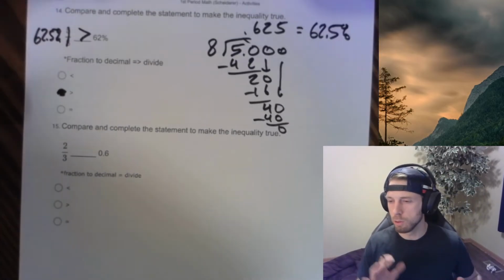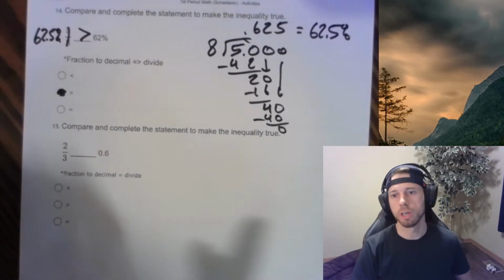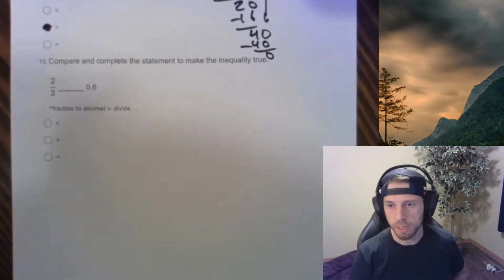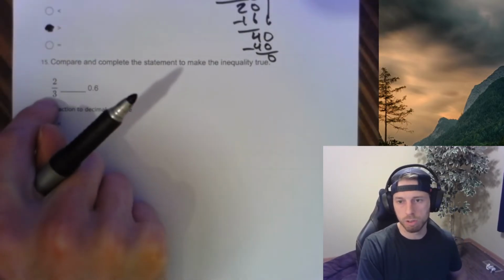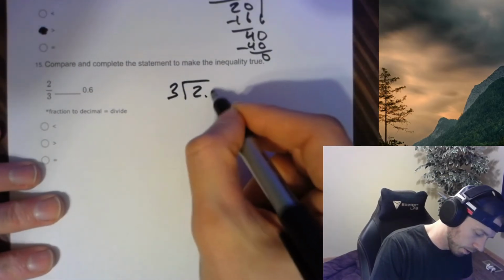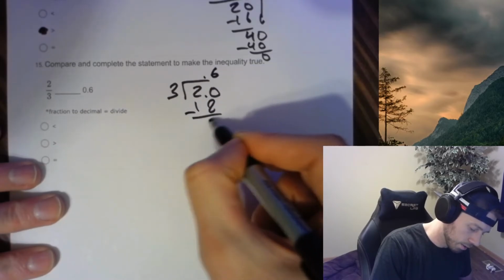And if you converted a different way and still have a question, let us know. But turning them into percents or decimals is always easier than fractions. Number 15, compare and complete the statement below. Same type of question. I'm going to take this 2/3 and turn it into a decimal immediately. 3 goes into 20 6 times, which is 18.